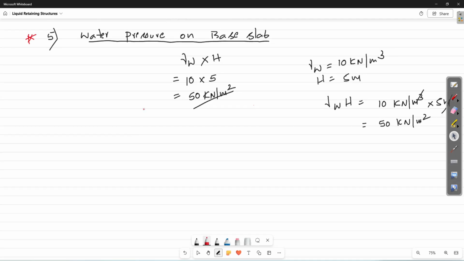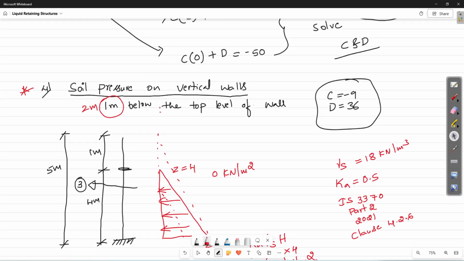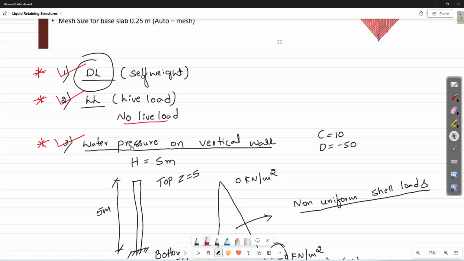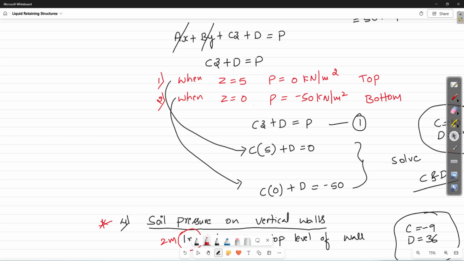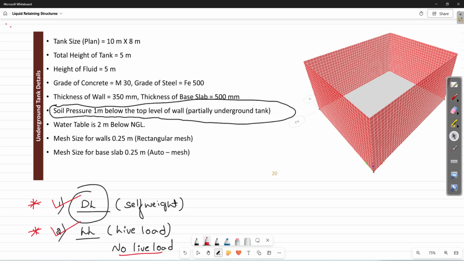So we completed dead load, live load, water pressure and soil pressure. In addition to that, there is a presence of water table, which is 2 meter below your NGL, natural ground level.